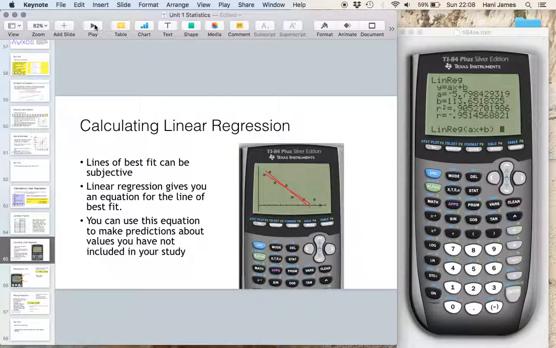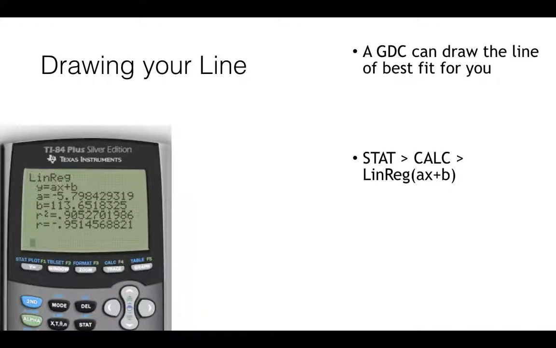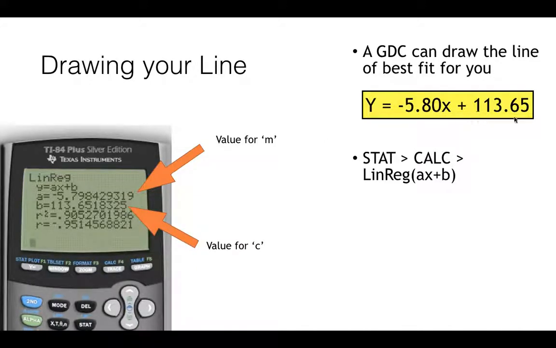So how do we use these? Well, we've got our value for M, our value for C, and I can put it into an equation like this. Y equals -5.80x plus 113.65.